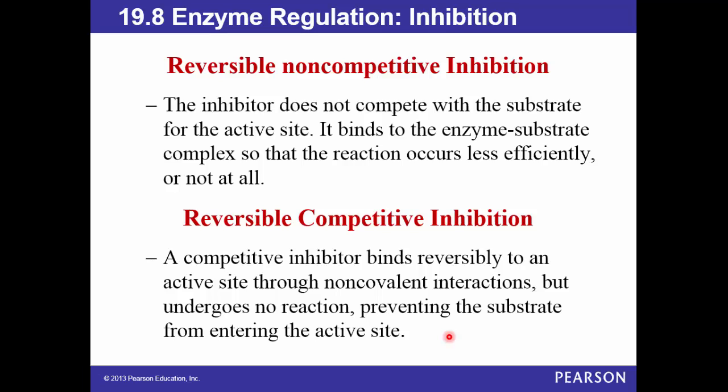When one binds, the other cannot bind, and vice versa. In this inhibition, the competitive inhibitor binds only to the free enzyme, whereas the non-competitive inhibitor can bind either the free enzyme or the enzyme substrate complex.